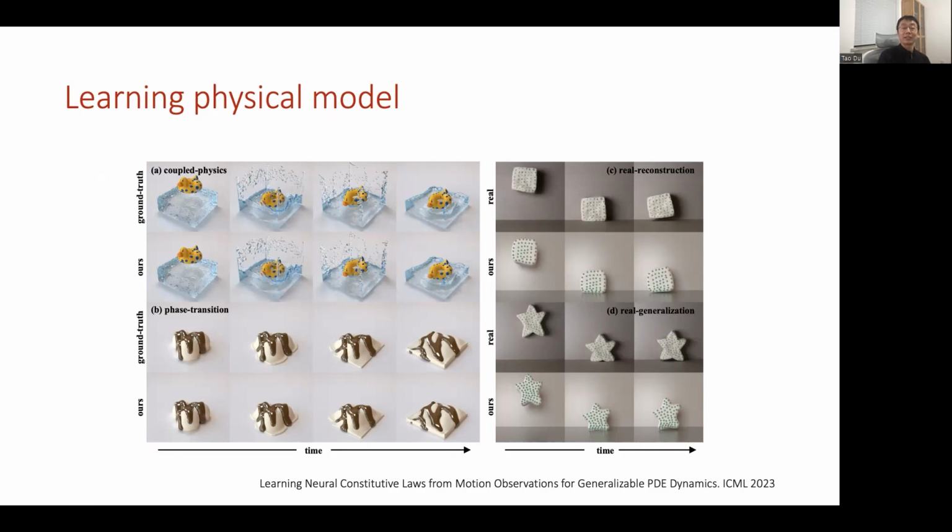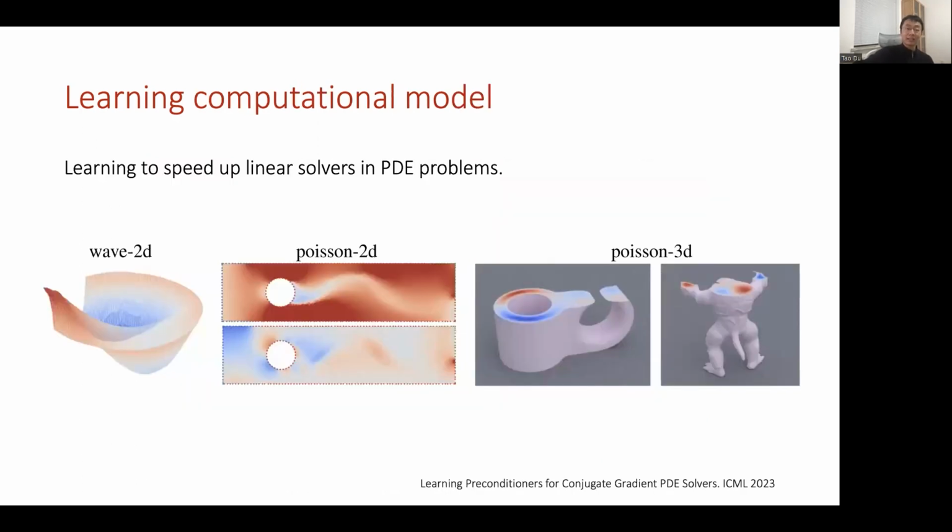It was actually encoded by a hidden neural network. I'm going to skip the topic of learning discretization or learning the numerical model, but this is indeed also an interesting topic where we start to see some representative works.